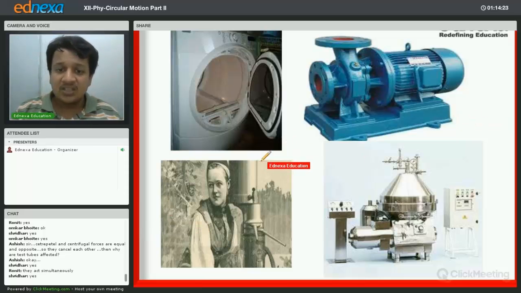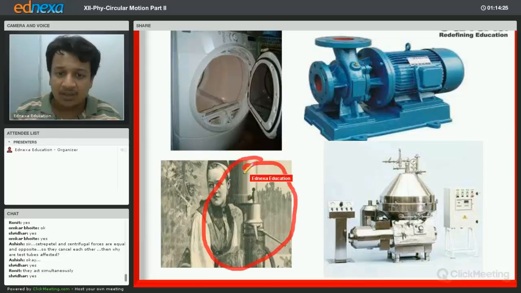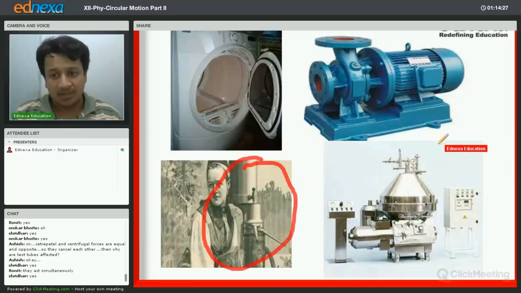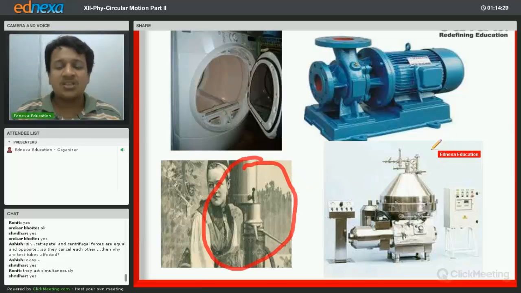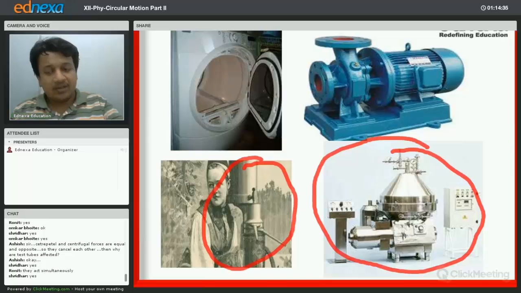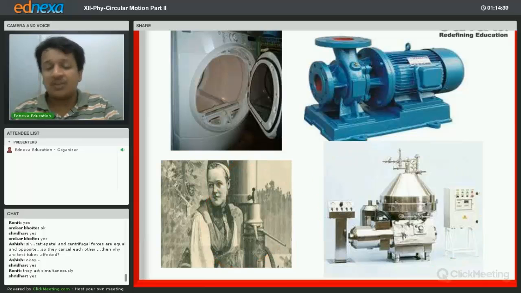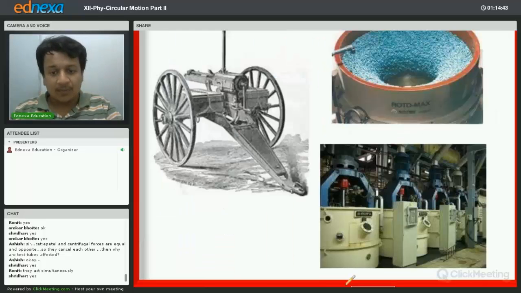This is the first cream separator machine developed using this centrifugal concept, and this is a very new centrifugal machine with which we can separate cream or butter with the help of centrifugal force.